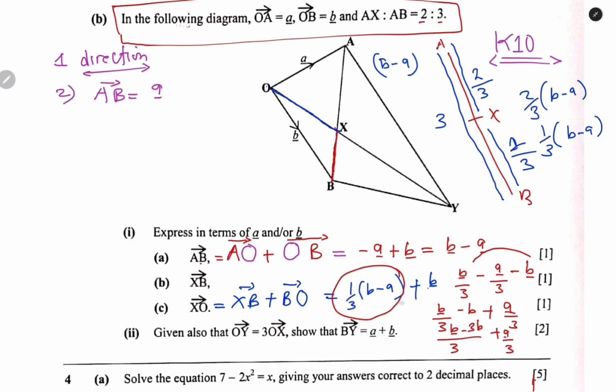Okay, so in short, XO is equal to negative 2B over 3. Then plus A over 3, which can be written as, okay, we are going to leave it this way in the case, or let me just factorize it.